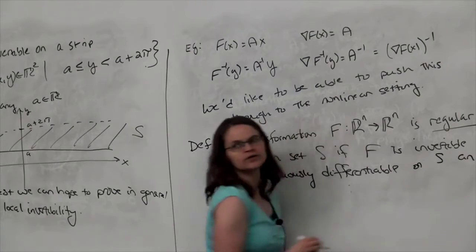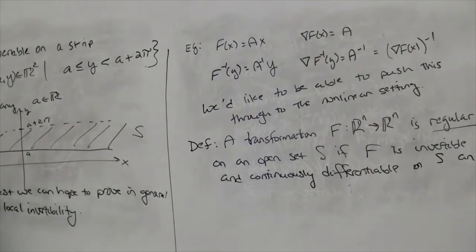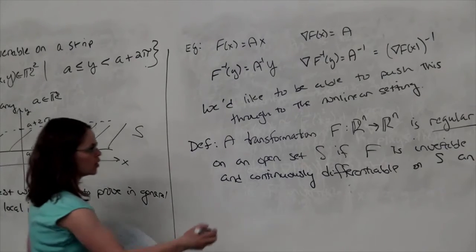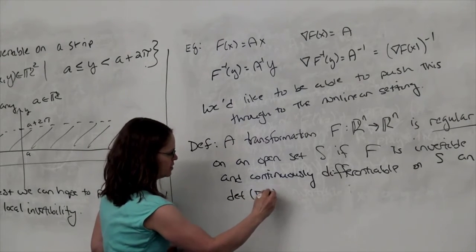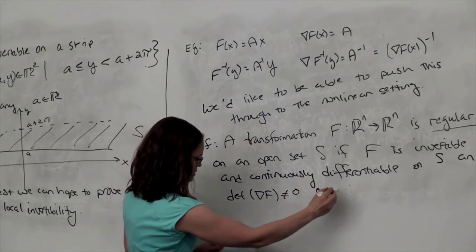And we should also probably want to keep ourselves in this setting where the Jacobian is invertible. Okay? We know that doesn't give us global invertibility in general, but it's probably important. You know, it's necessary for the linear case. So if our theorem doesn't work in the linear case, then that's not so good. Okay, so we're going to also ask that the determinant of the Jacobian of f is non-zero on S.